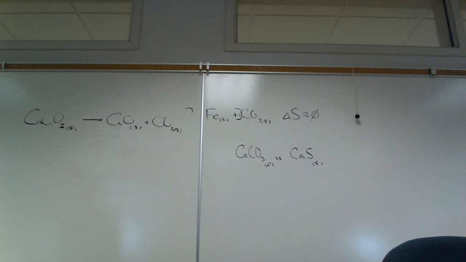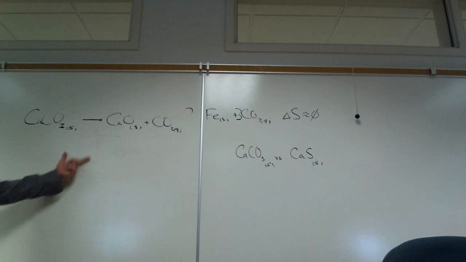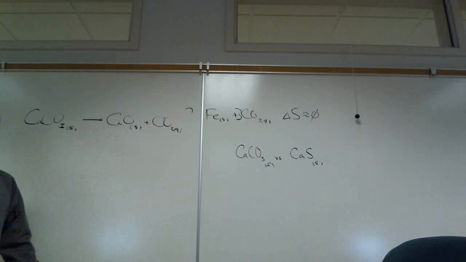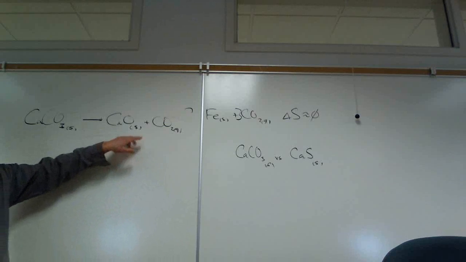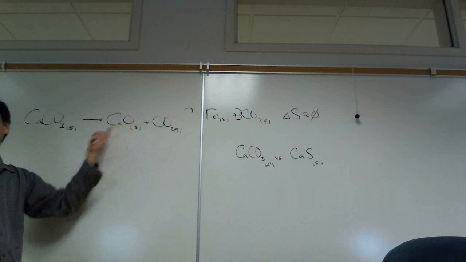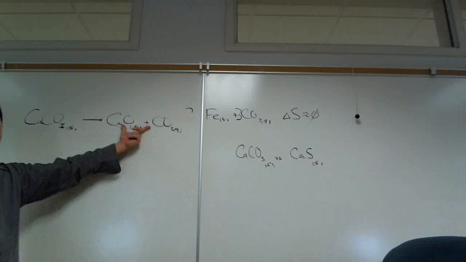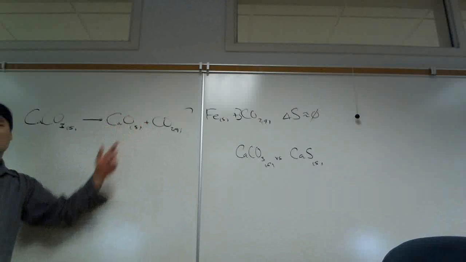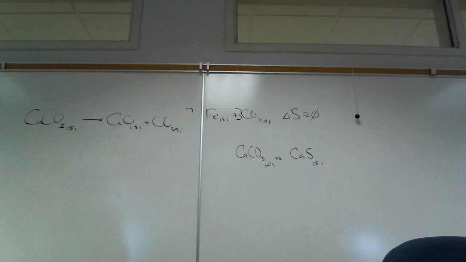And so this reaction is not normally spontaneous, but you can make it spontaneous by increasing the temperature. Because here you see the entropy of the products is going to be a lot higher than the reactants. And if we can favor the products, then we can get this reaction to go. And so this reaction goes at high temperature, like 2,000 something Kelvin, I think.